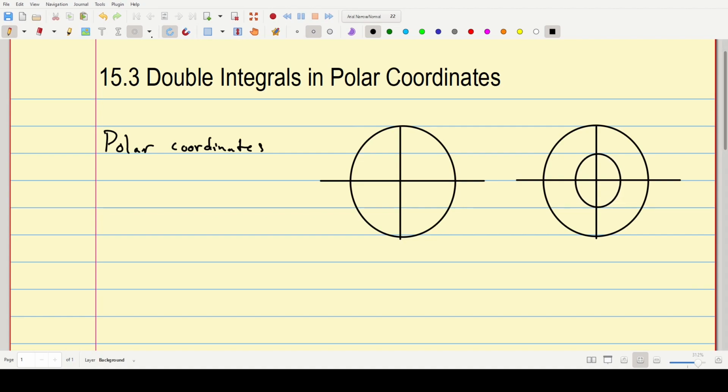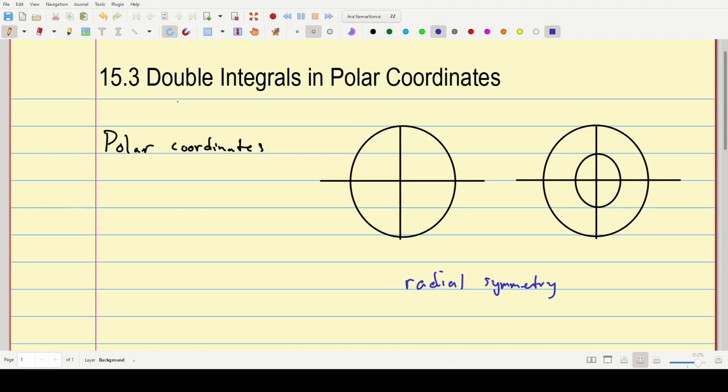Something like that. They're supposed to be circles, but the command to try to make them square or conform to shape is not quite working. Anyway, these domains have radial symmetry. That's what makes them special.